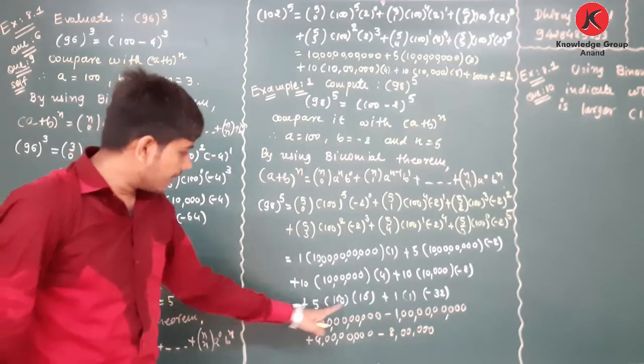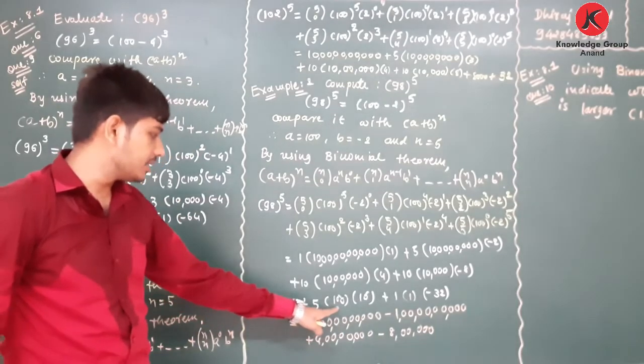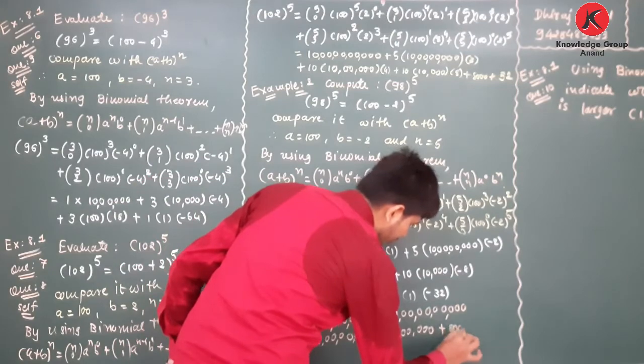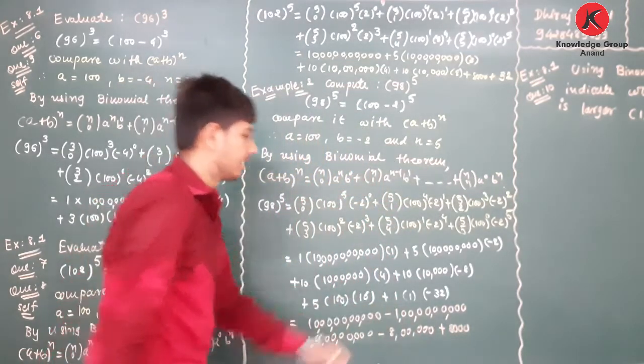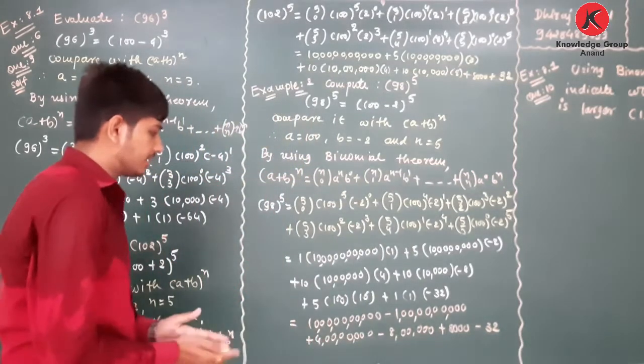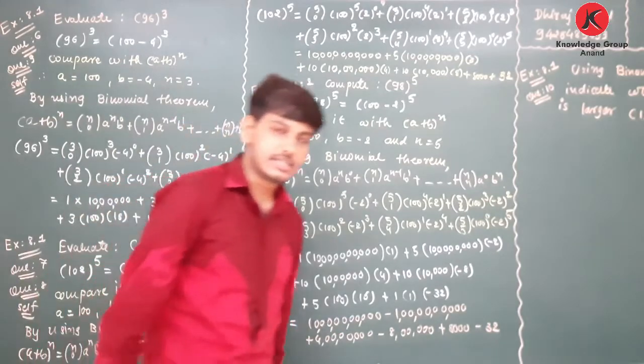Next 5 into 16, 5 sixteens are 80, 80 into 100, 8,000. And last one, minus 32. You have to calculate it in your calculator, and the answer comes easily.